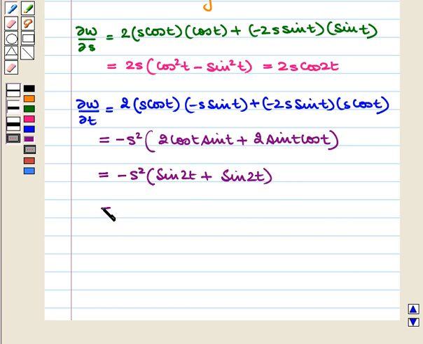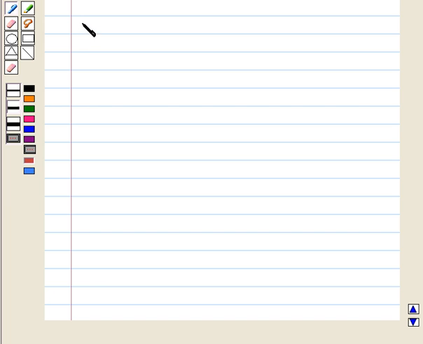So this is equal to minus 2s square sin 2t. So we have del w by del s is equal to 2s cos 2t and del w by del t is equal to minus 2s square sin 2t.